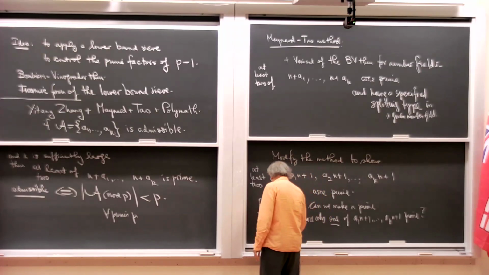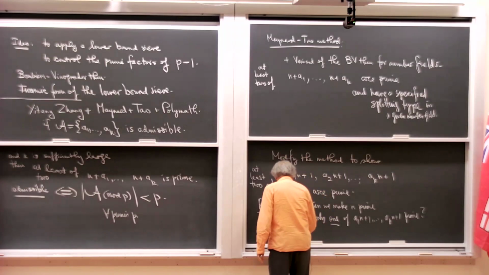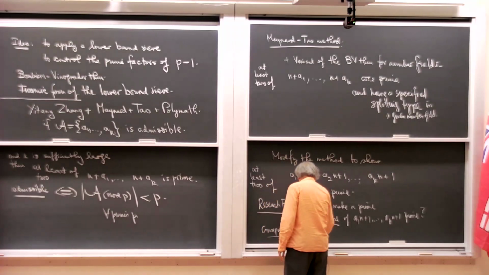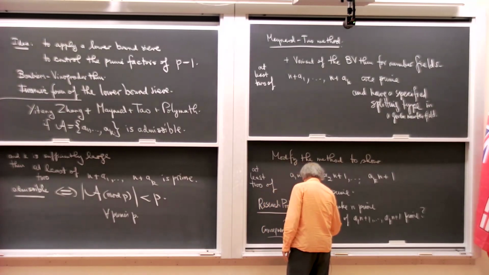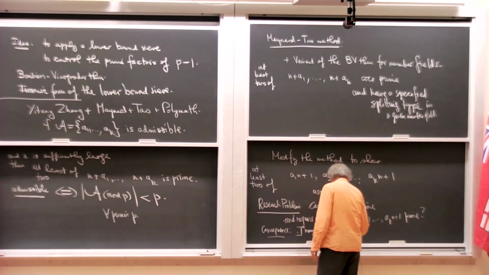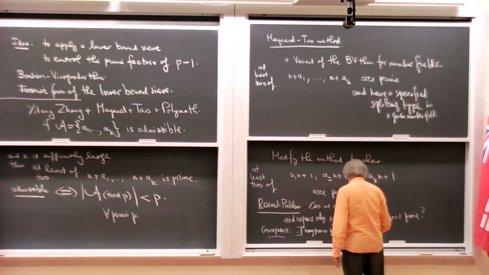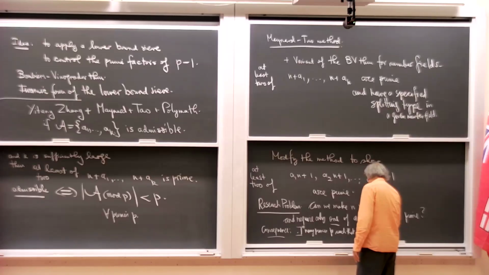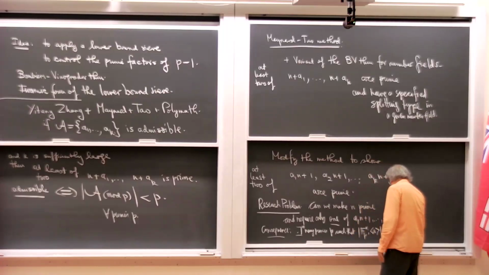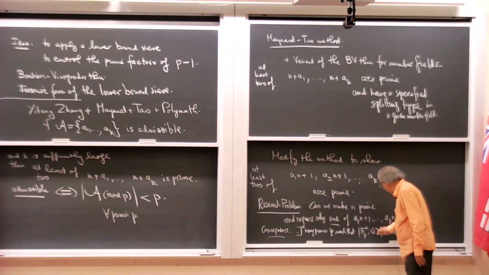The consequence there would be that there exist infinitely many primes P such that the index of A is bounded for any given, let's say 2 if you want.